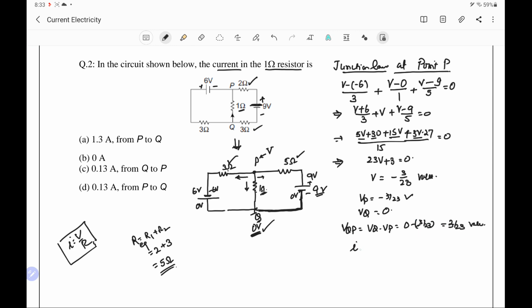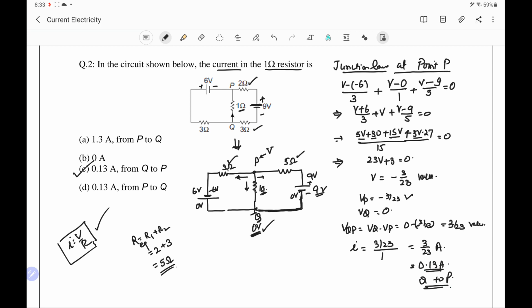Hence the current in the PQ branch is the voltage drop, 3 by 23, divided by the resistance, I equals V by R, as we have already written. So the current will be 3 by 23 ampere, which is 0.13 ampere, and this current is flowing from Q to P. Hence option C is the correct option.